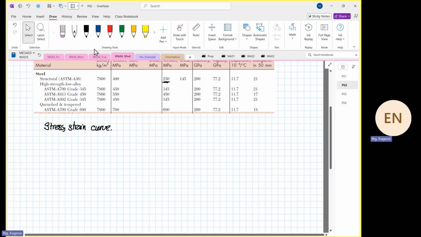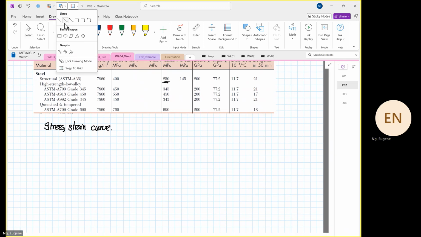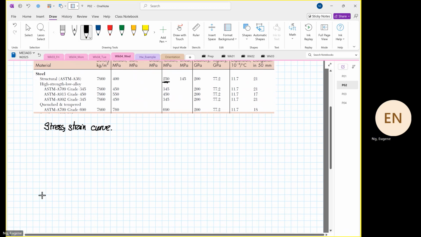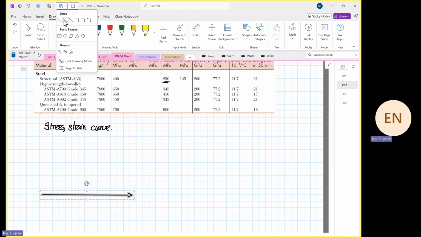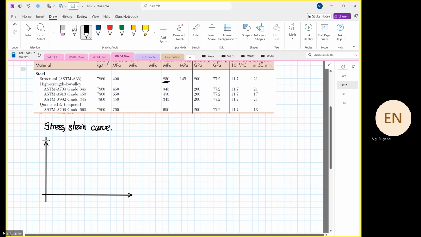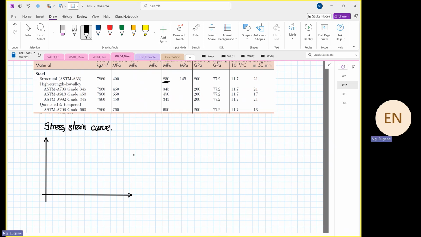Okay, so we have a stress-strain curve. This is our strain, this is our stress. We stretch this out, we have a dip, and then we have this. So we know that this is your what? Ultimate strength.